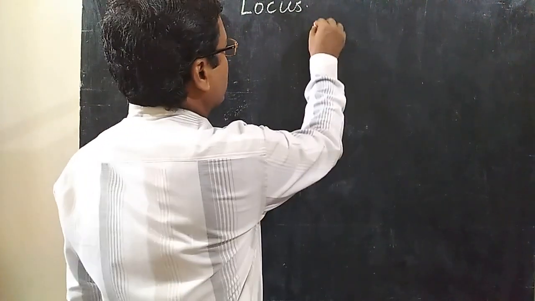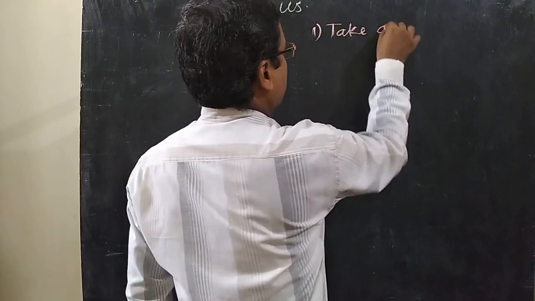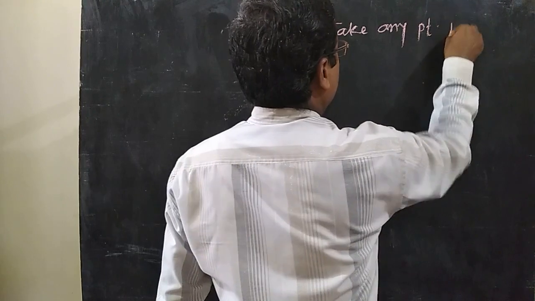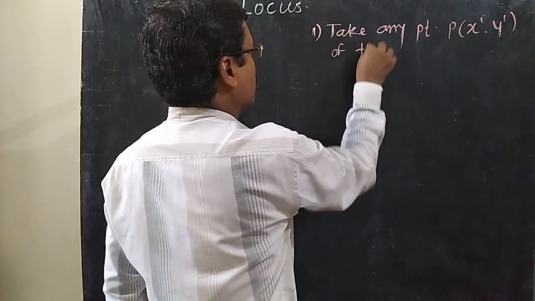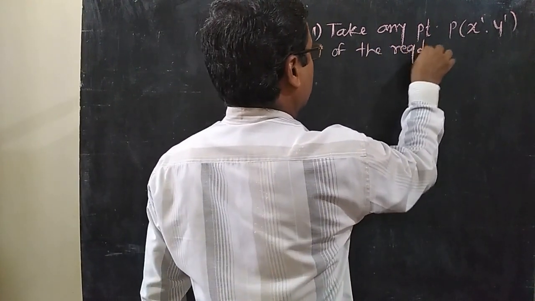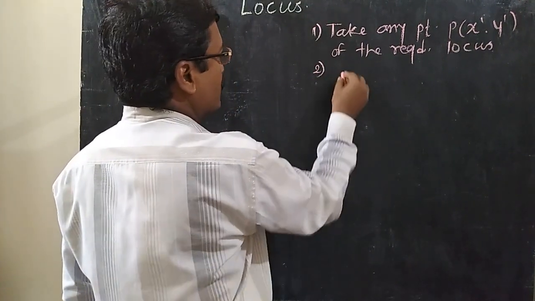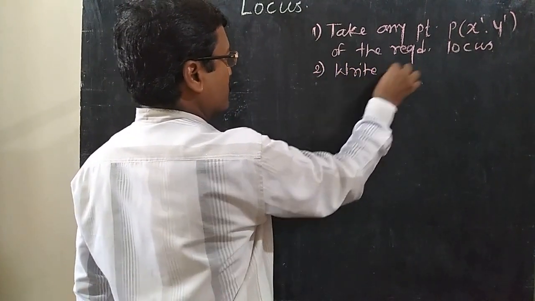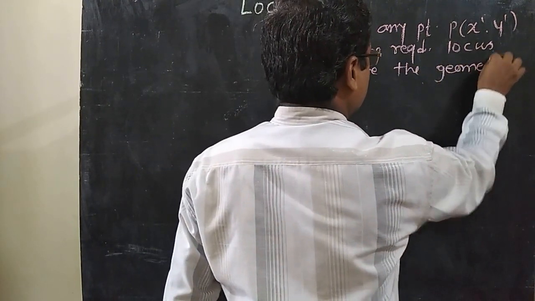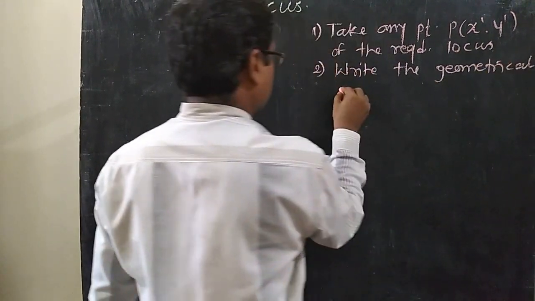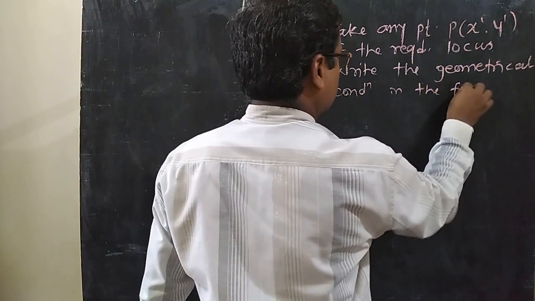In the first step, we will take any point P(x', y') of the required locus. In the second step, we will write the geometrical condition in the form of an equation.